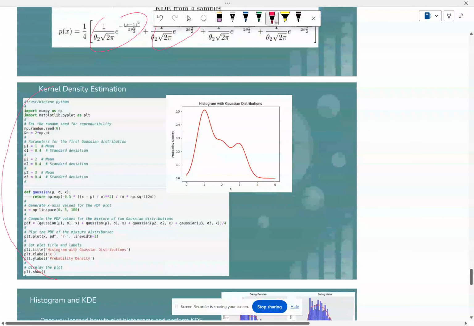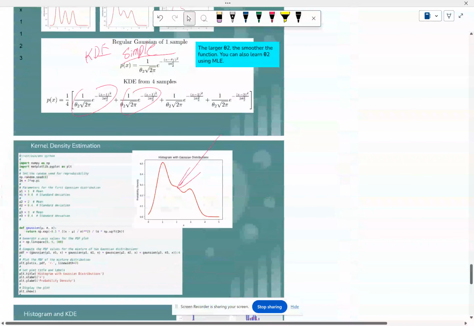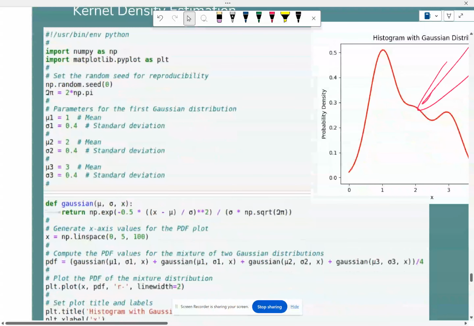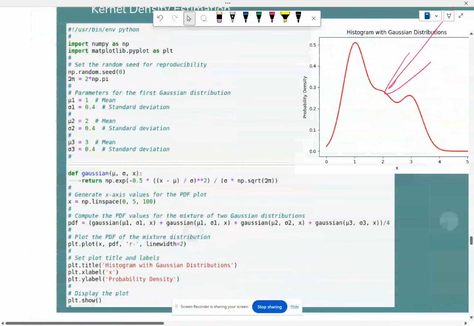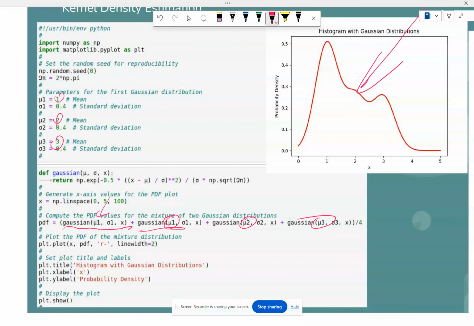Over here, this right here is the code that basically generated this. Remember I had the 4 points. What were the 4 points? Did I write it here? So I have mean of one, mean of two, mean of three. So the first Gaussian, I use mean of one, then mean of two, mean of three.